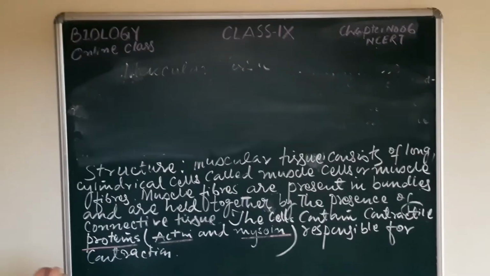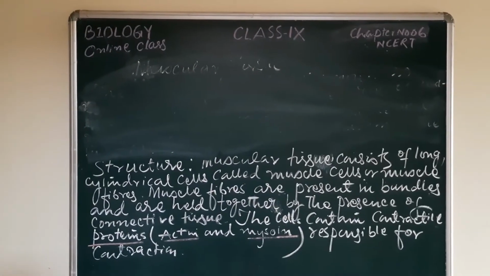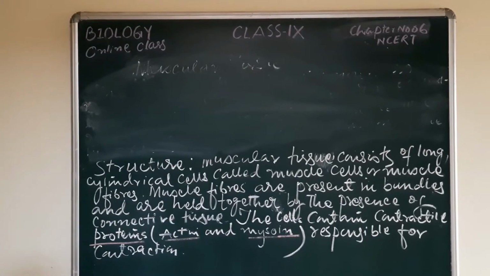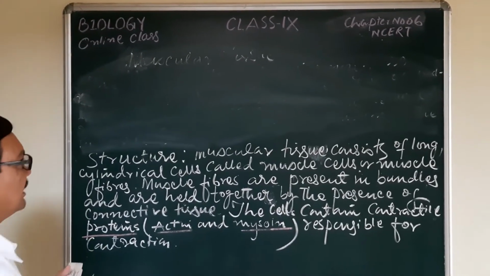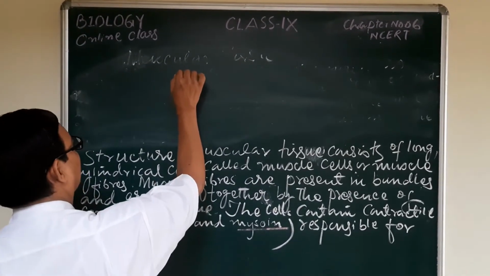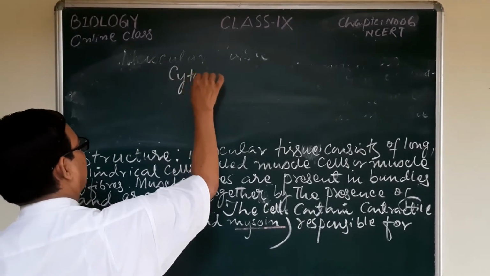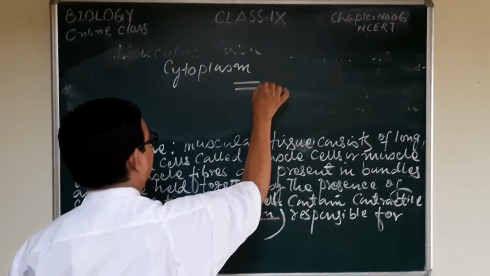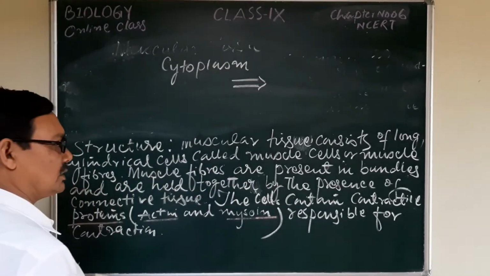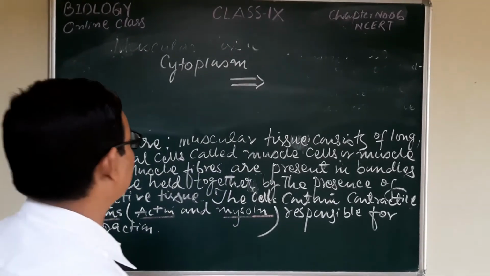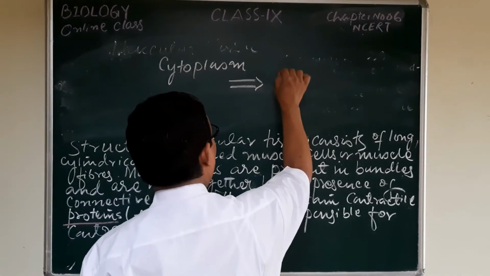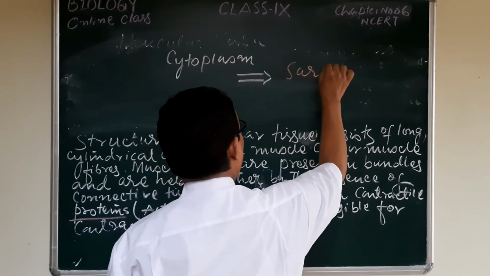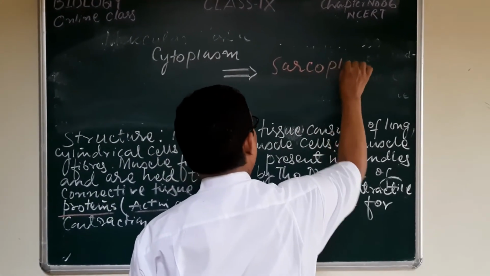In the case of muscle cells or muscle fibers, the terms change. The cytoplasm of the cells of the muscular tissue is known as sarcoplasm.